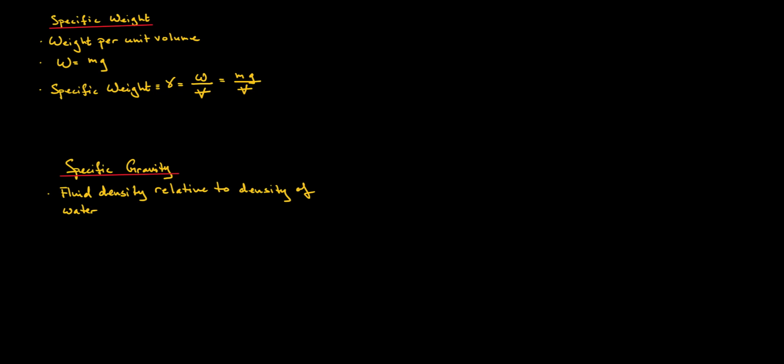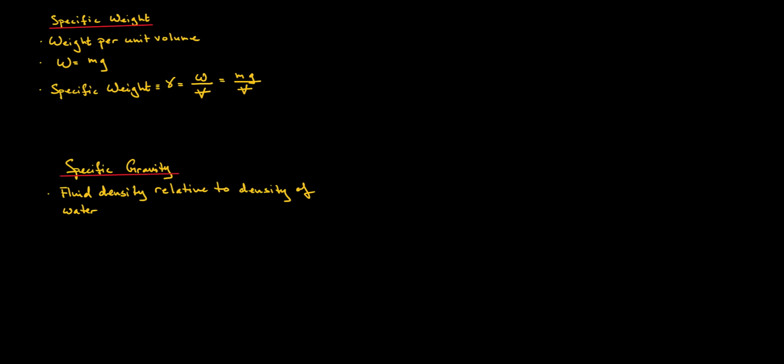Next, we turn our attention to two more important concepts and properties in fluid mechanics. These are the specific weight and specific gravity. The specific weight is defined as the weight of the fluid per unit volume.